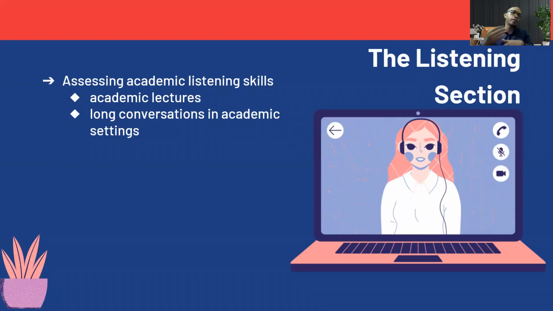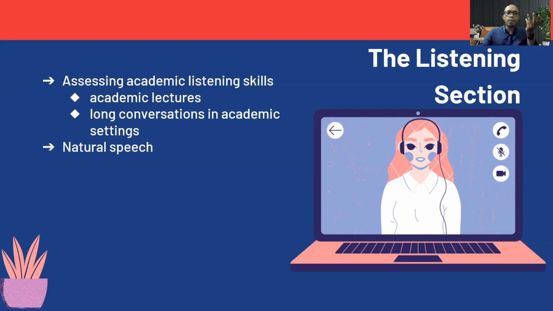This can be, for example, a conversation between two students talking about an assignment from their professor, or a librarian talking with a student about the procedure of borrowing books in the library at the university. Very academic topics of conversation.